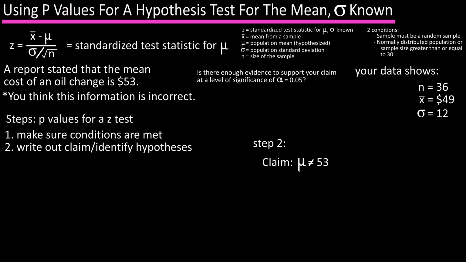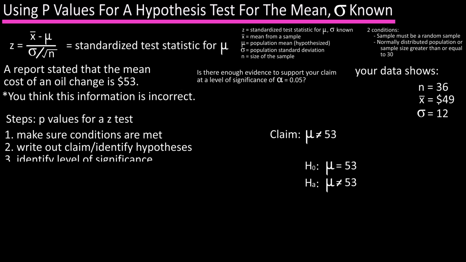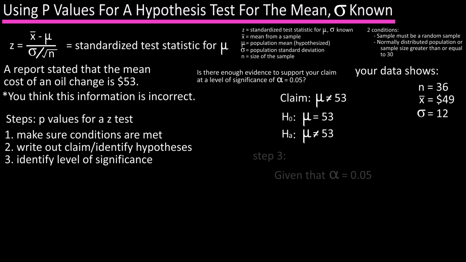Our claim is that the mean, mu, is not equal to 53, and we know the alternative hypothesis contains a statement of inequality. So H sub a is mu does not equal 53. The null hypothesis is the complement of the alternative hypothesis, so H sub 0 is mu equals 53. Step 3 is to identify the level of significance, which was given, alpha equals 0.05.